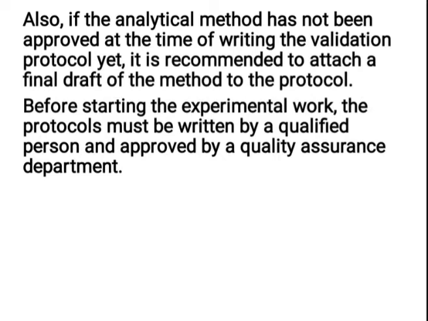Before starting the experimental work, the protocols must be written by a qualified person and approved by a quality assurance department. It means you cannot directly use the procedure which you have developed. This procedure goes through many steps, and only then can it be validated and sent for approval, and this protocol can be developed only by a qualified person.